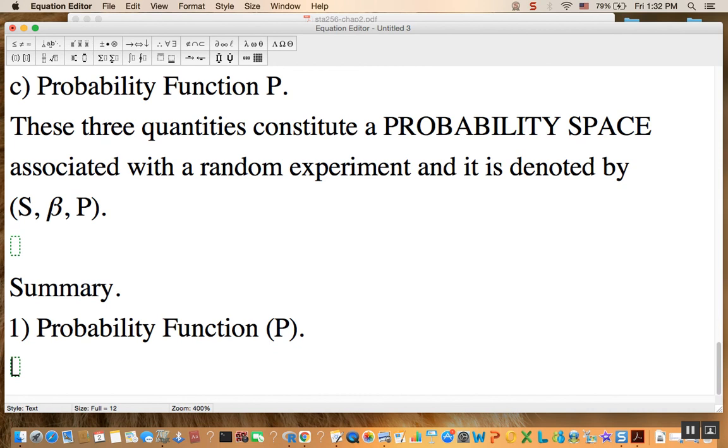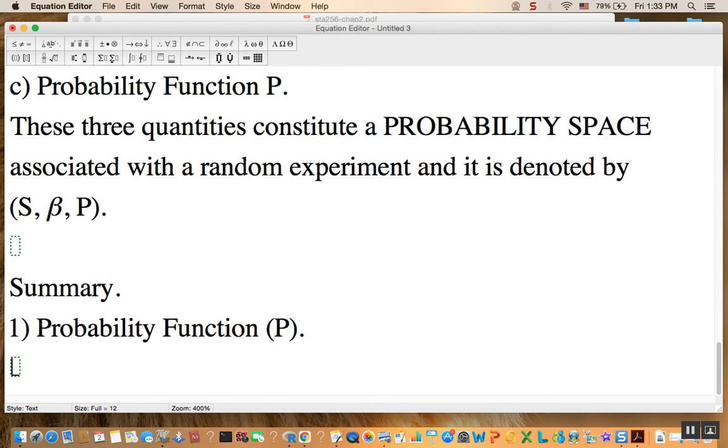So if you go back to what we said about Borel fields, back then what we said is that one of the properties of a Borel field is that it contains the unions of the events in the Borel field, actually the infinite unions.